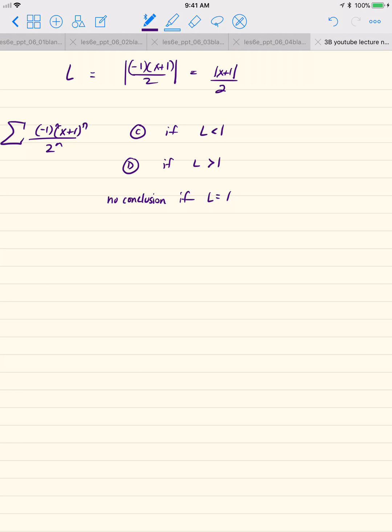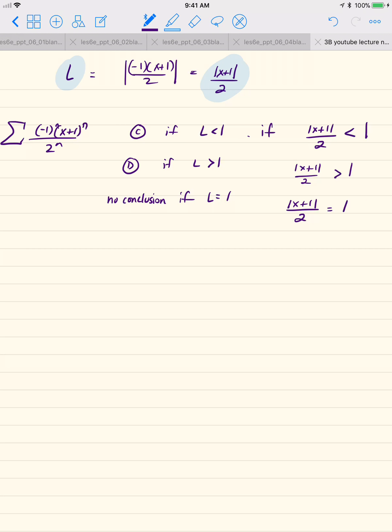But to say that L is less than 1, that's the same thing as saying the absolute value of x plus 1 over 2 is less than 1, because L equals the absolute value of x plus 1 over 2. And it diverges if the absolute value of x plus 1 over 2 is greater than 1. And it's no conclusion if the absolute value of x plus 1 over 2 is equal to 1.